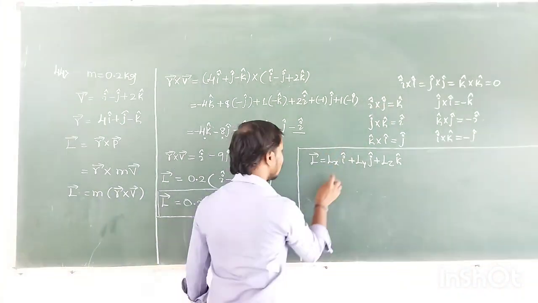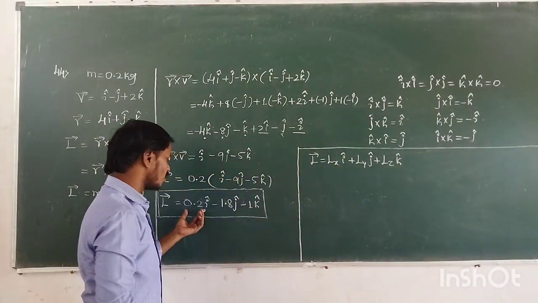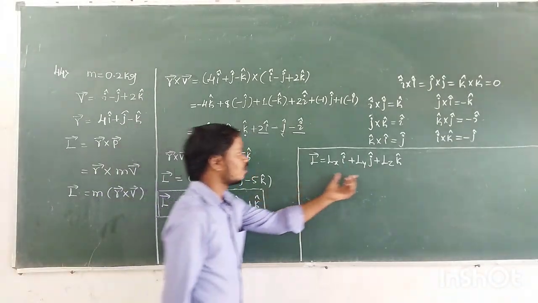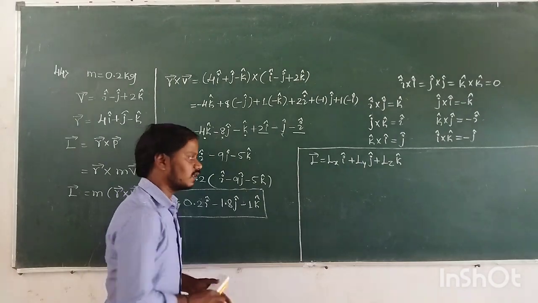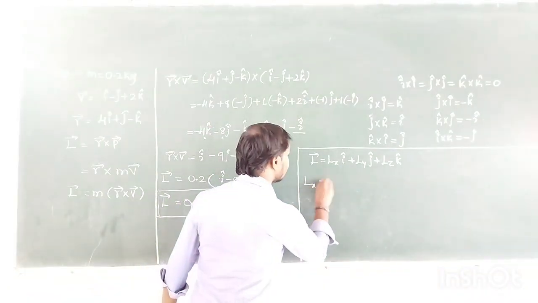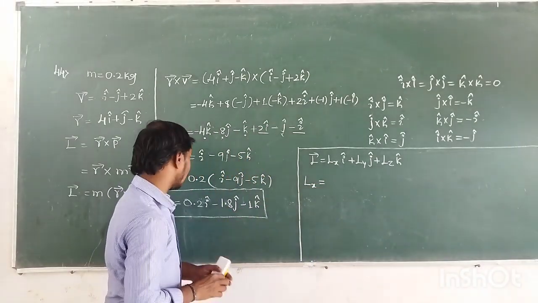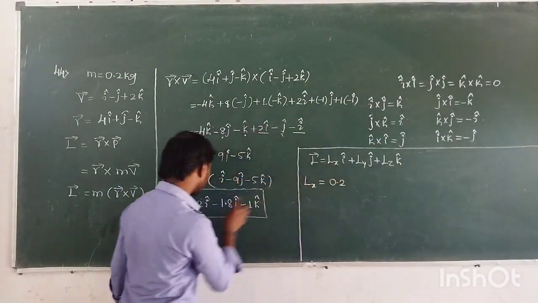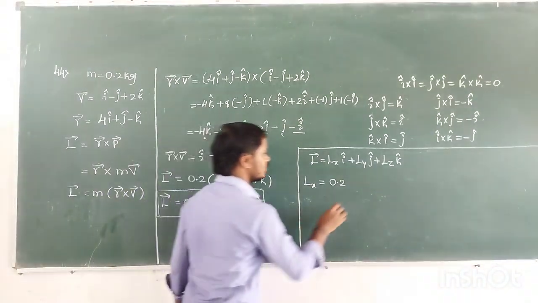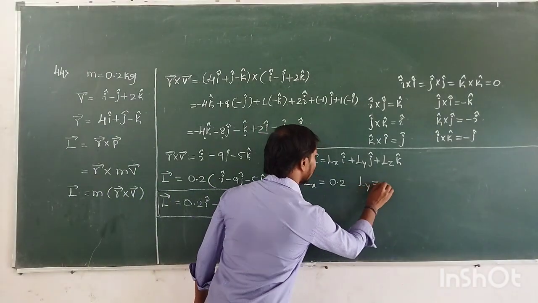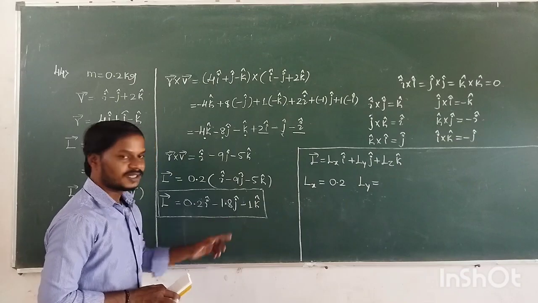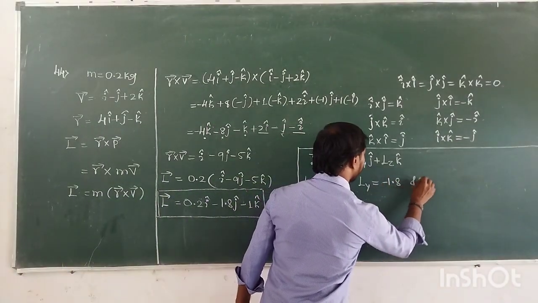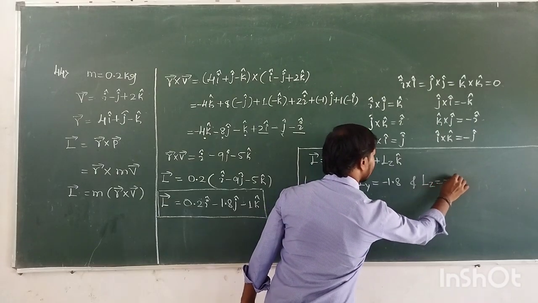Now, what about Lx here? Lx is 0.2. What about Ly? Ly is minus 1.8. What about Lz? Lz is minus of 1. Comparing this equation with this equation, at the place of Lx, 0.2 is there. At the place of Ly, minus 1.8 is there. And Lz is minus of 1.